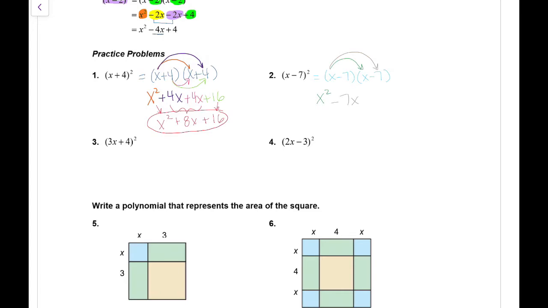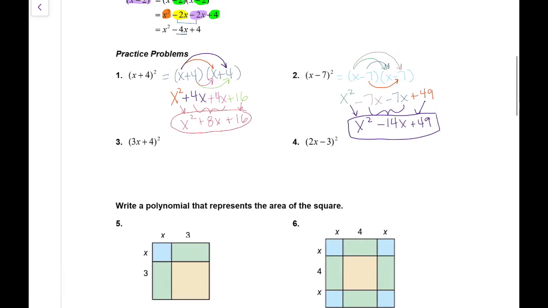The inside terms are negative 7 times x to give us another negative 7x. And the last terms together are negative 7 times negative 7 to give us a positive 49. We're going to combine the negative 7x and the negative 7x to get negative 14x. We bring down the x squared and we bring down the 49. X squared minus 14x plus 49 will be our answer.